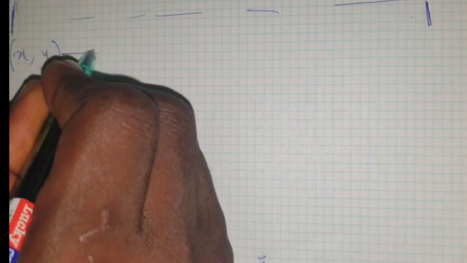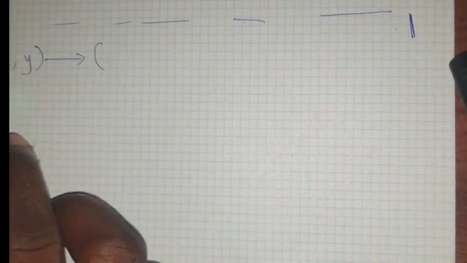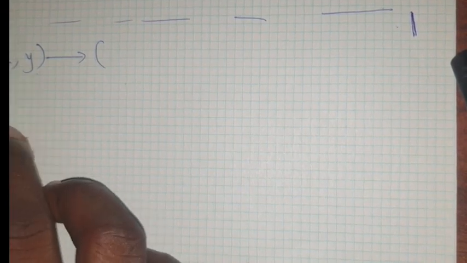So let me take that again. In a 90 degrees clockwise rotation, the x and y values switch places, and the new y value has the opposite sign. What I mean by this is, when you have x comma y as the object given and you want to rotate it 90 degrees clockwise, the next thing to do is to switch the x value and y value.